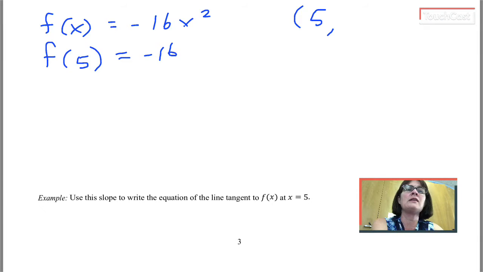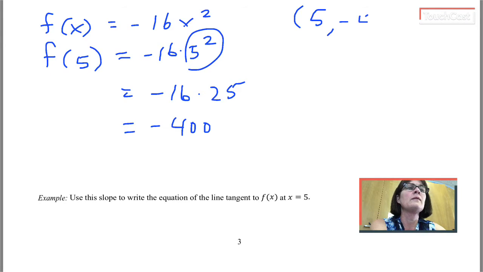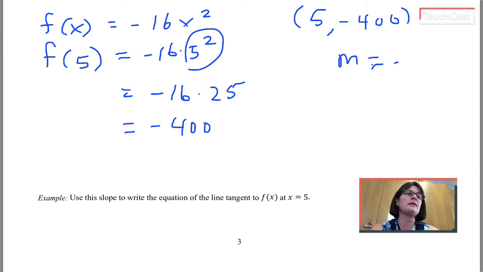That's going to be negative 16 times 5 squared. Make sure you take care of the exponents first. So negative 16 times 25. If I have 16 quarters, I have $4. So equals negative 400. Okay, now I knew my slope from that last problem we were doing was negative 160.